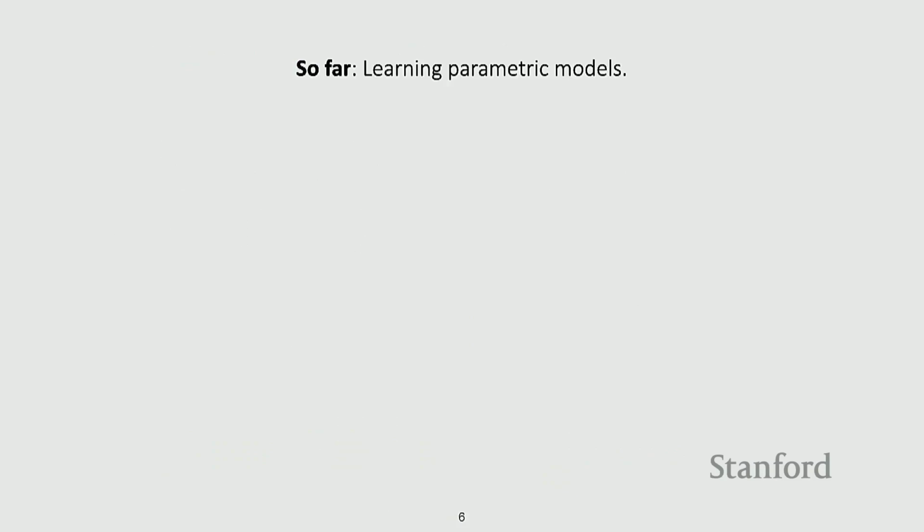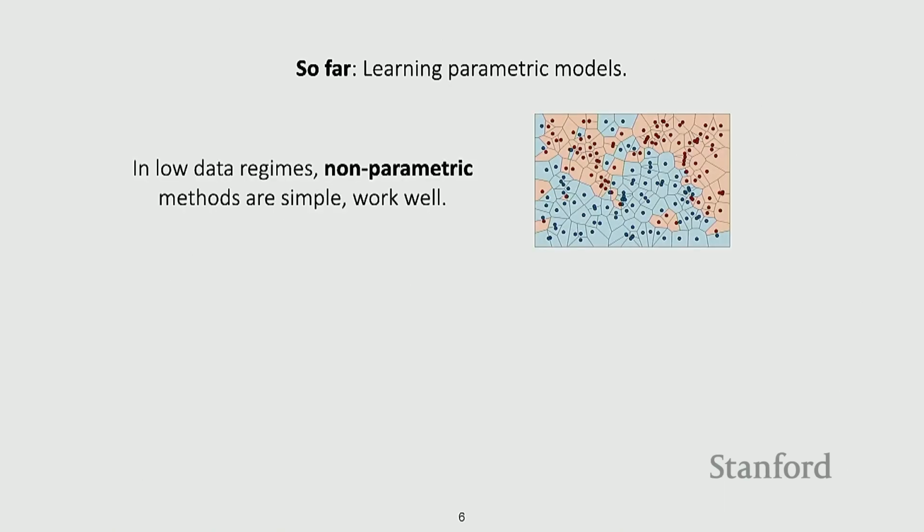And so far, we've been using parametric models, models that are parameterized by phi i as the ultimate product of the learning procedure. However, in low data regimes, nonparametric methods actually work pretty well, and they're quite simple.